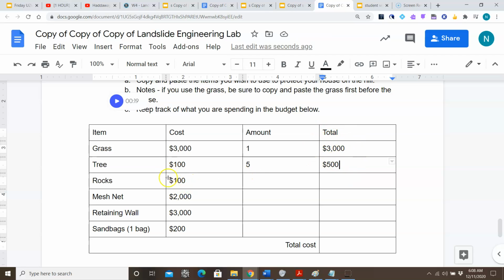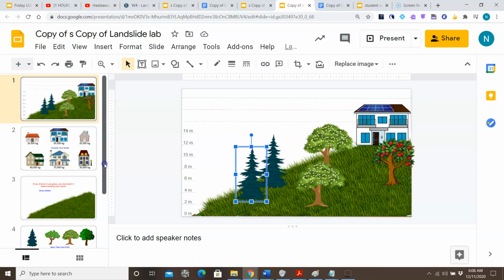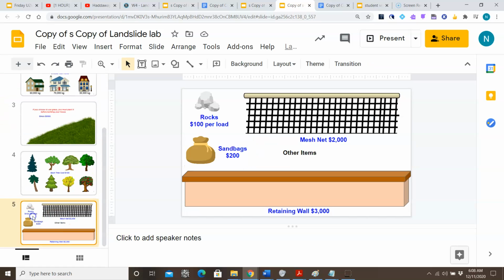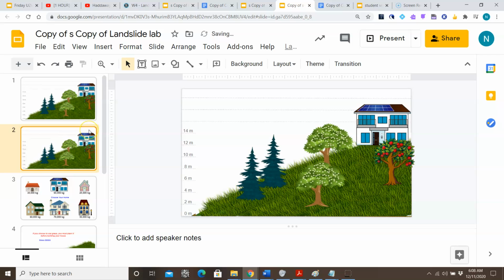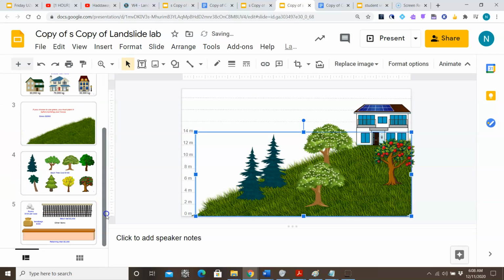I'm going to use some of that for rocks. Let's see, I like some rocks. I'm going to go back to my landscape here. I'll do Control C and then Control V. Oops, I did the wrong thing. That's not what I want to do. Let's try that again.